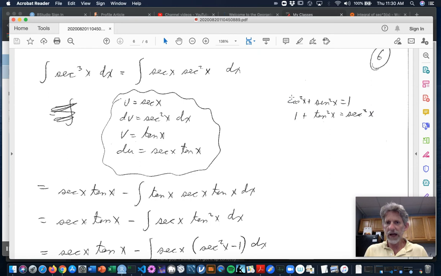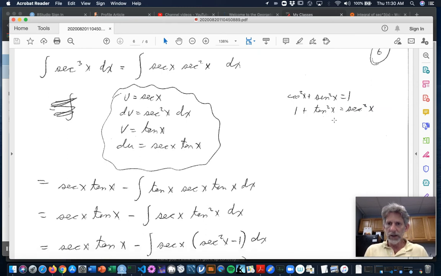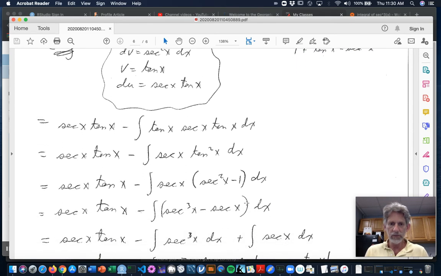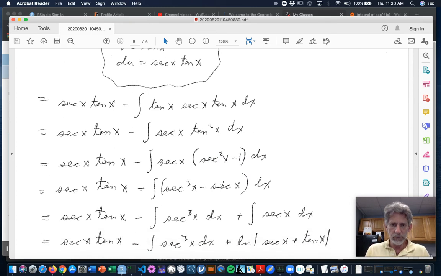If I divide both sides of this equation by cosine squared, I get a 1 here, a tangent squared here, and a 1 over cosine squared here, which is a secant squared by definition of secant. And so if I solved this for tangent squared, I would get secant squared minus 1. So I'm going to try that trigonometric substitution. Tangent squared is secant squared minus 1.